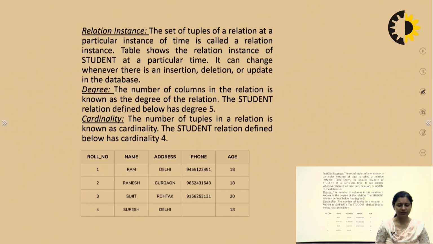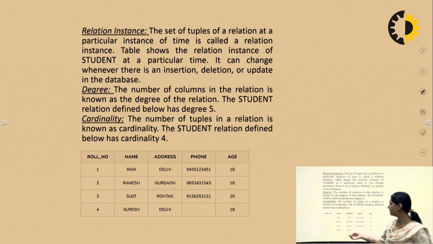So suppose I am identifying the number of rows at 2 p.m. So at 2 p.m. the number of rows that are there is the relation instance at 2 p.m. But it may be a possibility that at 2:01 we may have some records added to it.